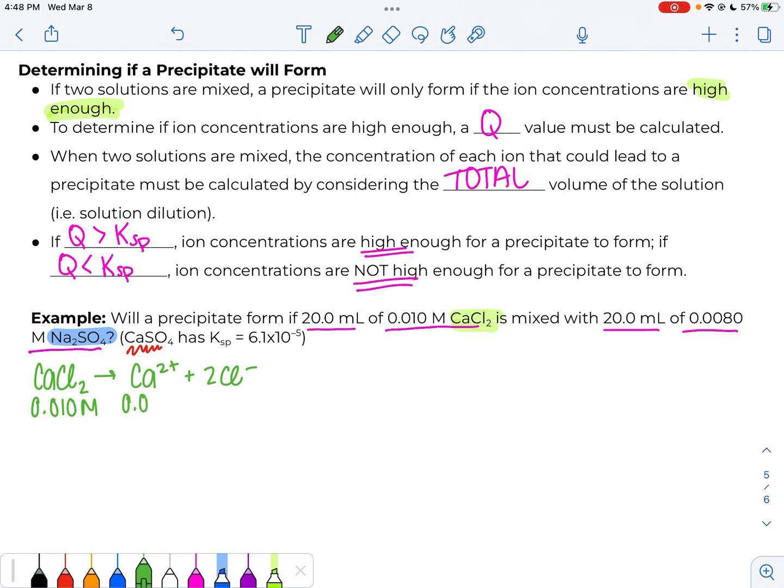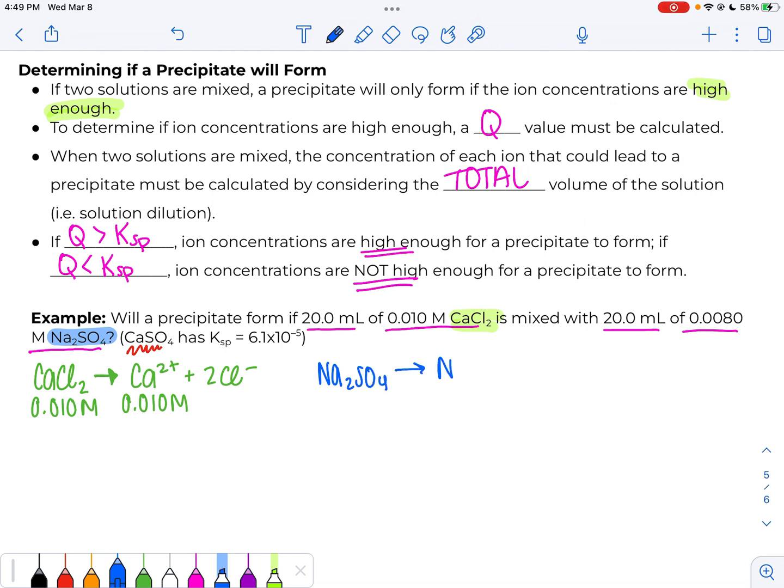I only care that I'm going to have a 0.010 molar solution of calcium ions when this dissolves. Remember, because these are soluble salts, we can use that very first thing we learned at the beginning of this video: we just multiply the initial concentration of the salt by the coefficient of our ion.